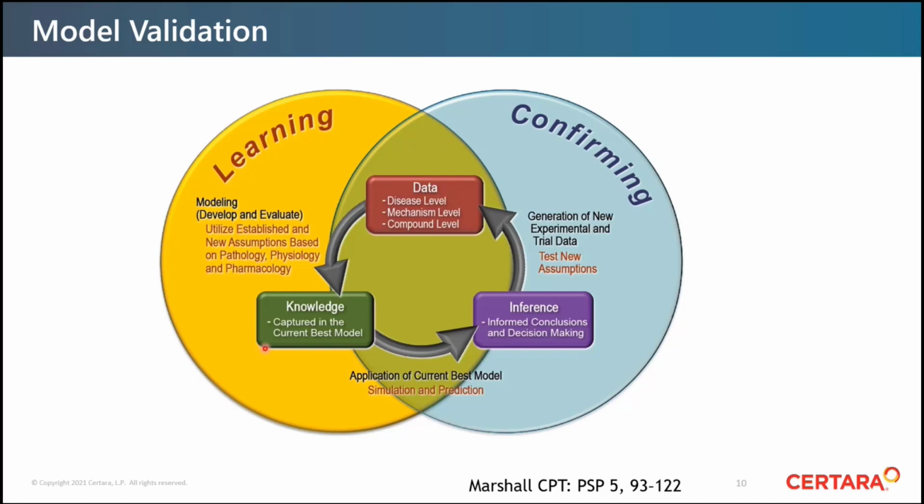And so using this learn and confirm paradigm, we're able to take the PBPK models, integrate our data that we currently know and understand, and then test your assumptions and see if it actually works in that background.